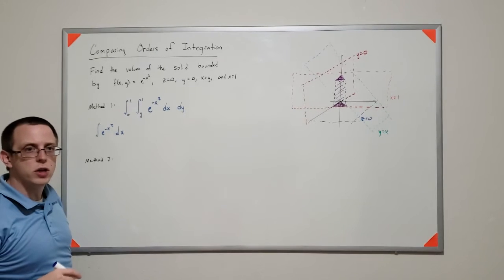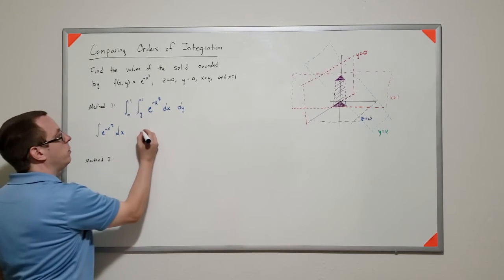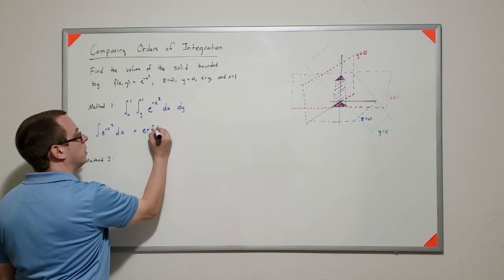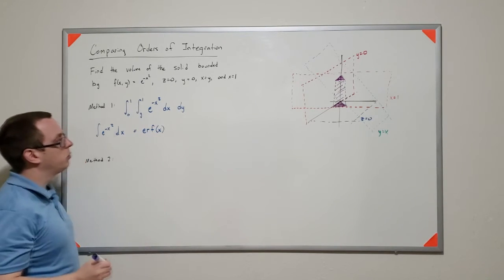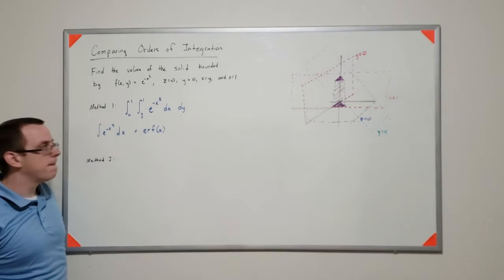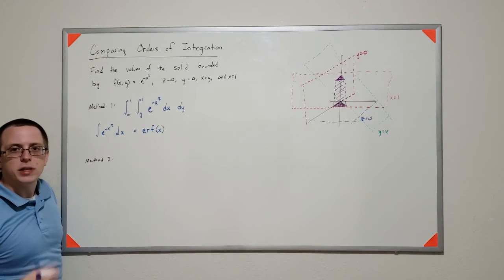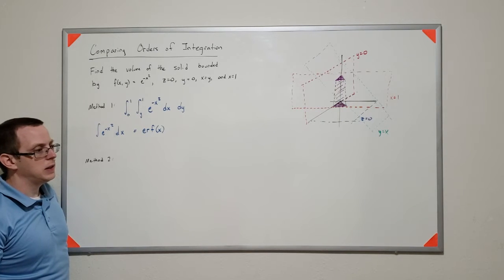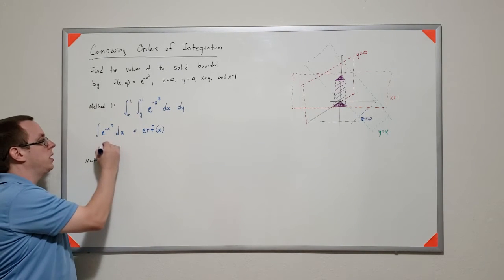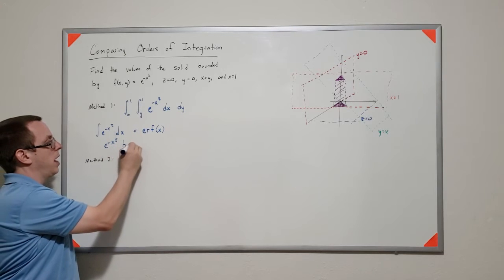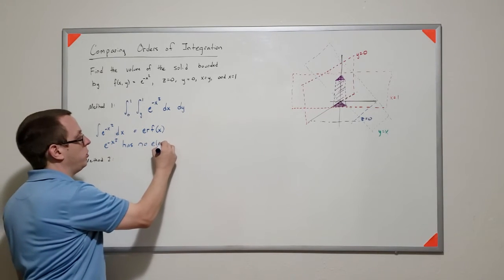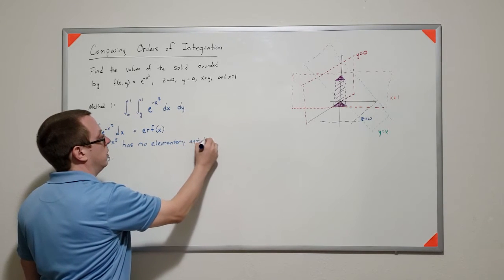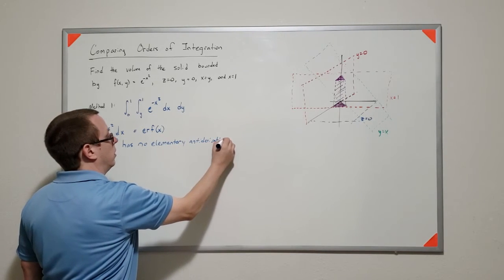In fact, if you look it up, I believe you'll get erf x, which stands for the error function of x. And you'll find that e to the negative x squared has no elementary antiderivative. What does that mean?